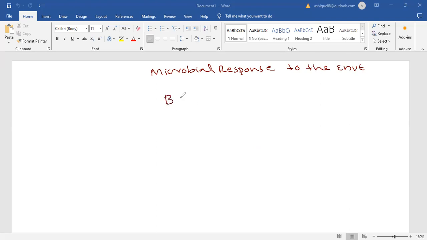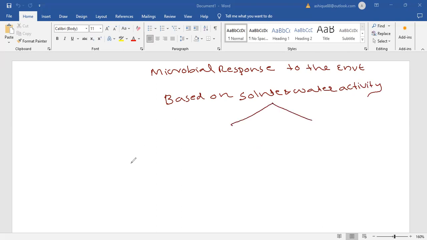Based on solute and water activity, we can classify the microbes into osmotolerant organisms and halophilic organisms.